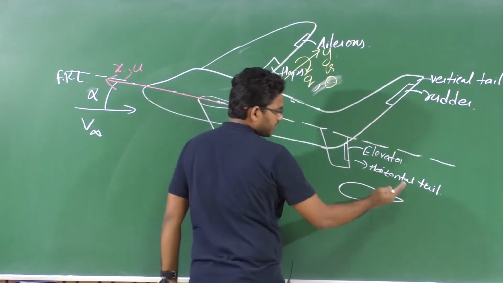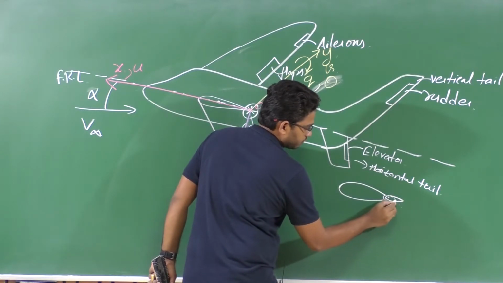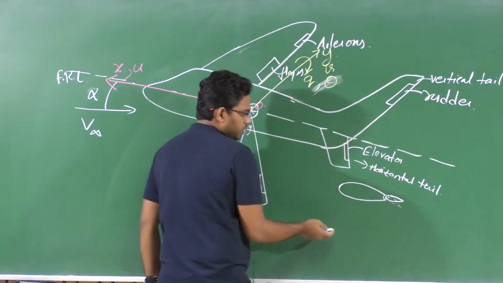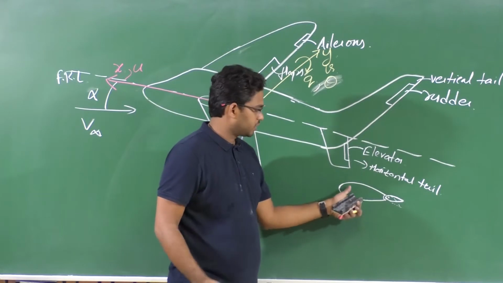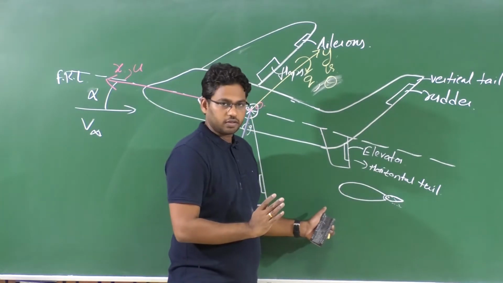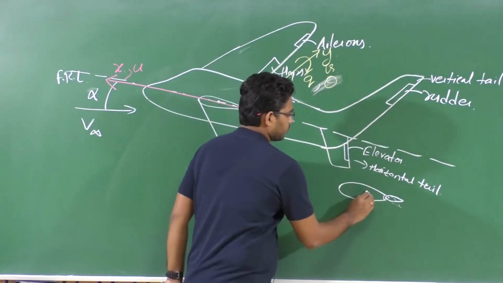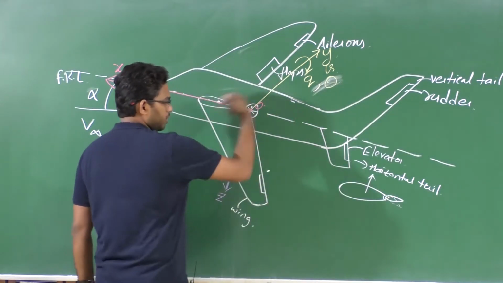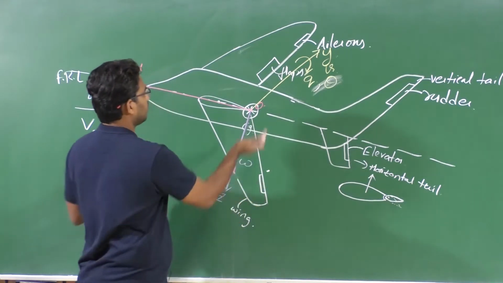So when we deflect this control surface down, this deflection obstructs the flow here. You can say it changes the camber of the aerofoil, or you can say you obstruct the flow, right? So the flow gives a reaction in the upward direction. So this produces a net force in the upward direction. So about CG, this force produces a moment, right? Pitch down moment here, pitching down, right?